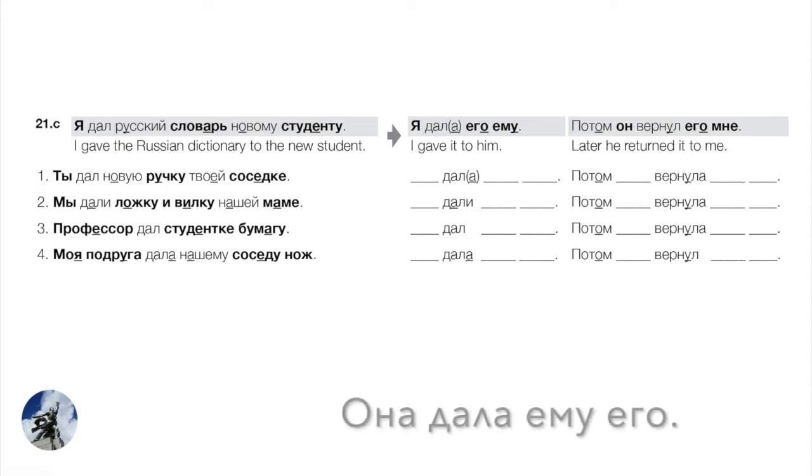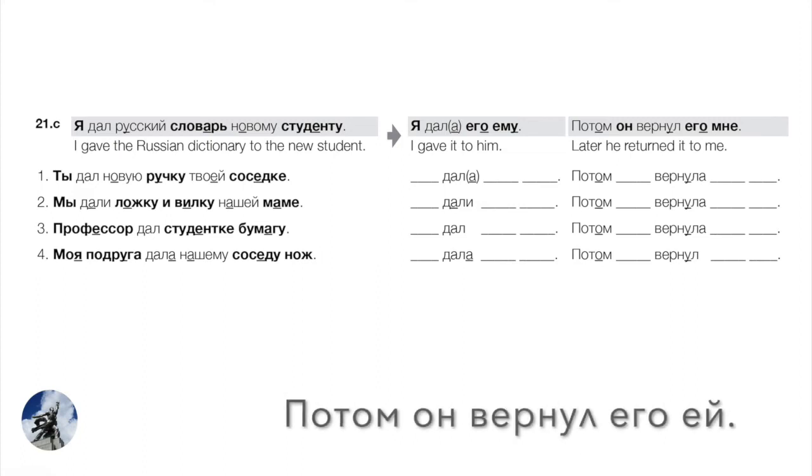Она дала ему его. Right? Ему is referring to the neighbor, masculine dative, and его is standing in for нож, masculine accusative. Okay, now let's say later he, the neighbor, gave it, the knife, back to our female friend. Потом он вернул его ей.